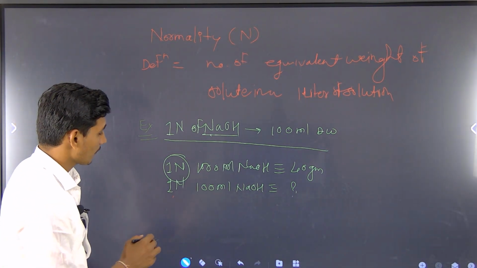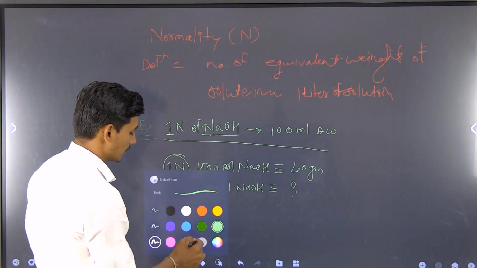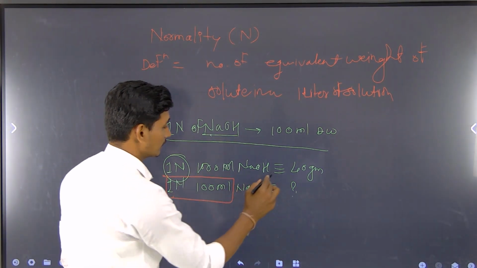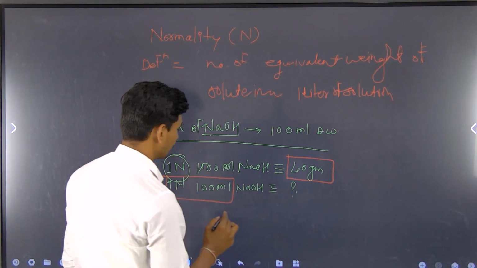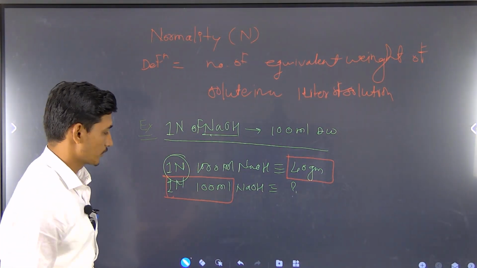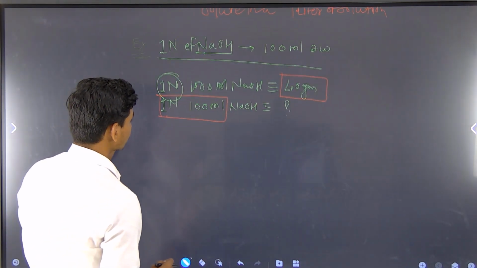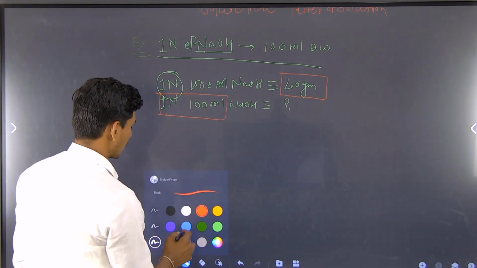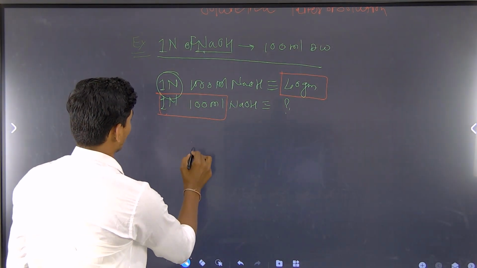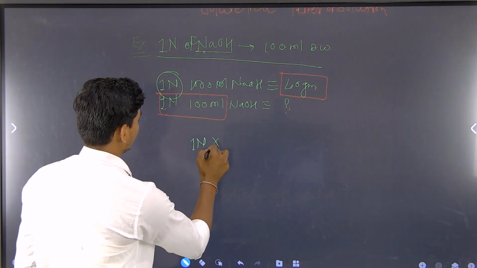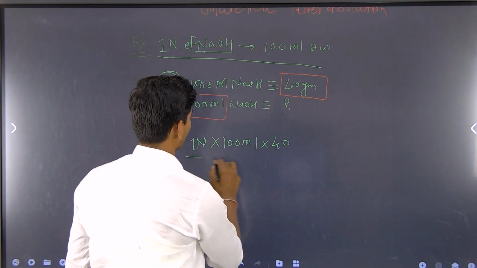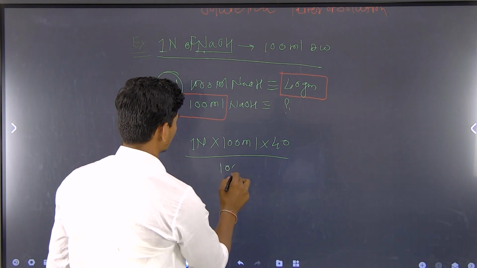So here we cross multiply: this one normal and 1000 ml cross multiplied with 40 gram, and divided by one normal and 1000 ml of the solution. So here we calculate: one normal into 100 ml into 40, divided by 1000 ml.